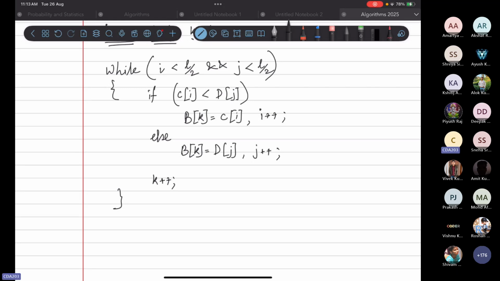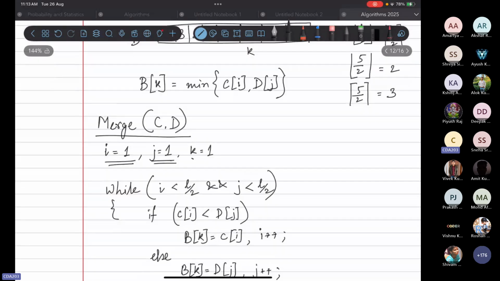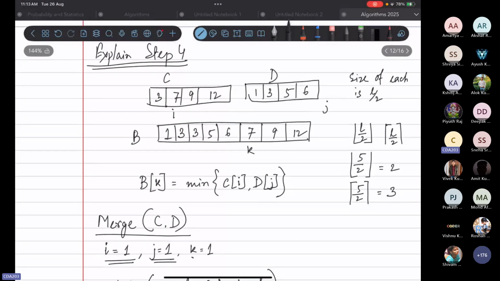What if the array is too big, then how do we make sure what I should compare Ci with? See, my argument does not depend on the size itself. That's why I have taken I and j. I and j can be anything. I'm assuming they have started with 1, but that can be any number.